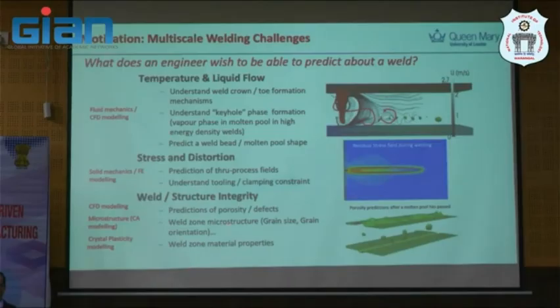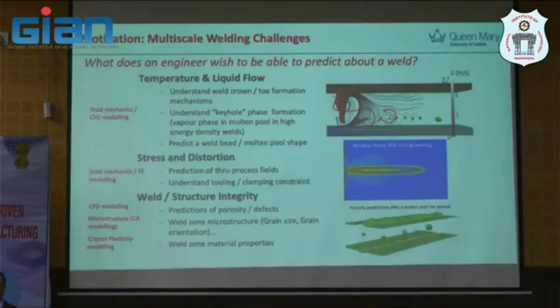And the weld structure integrity is related to the detail you used before on the prediction of porosity and defects and weld zone microstructure in terms of grain size. Again, we cannot decouple all this from the mechanical simulation. We have to take everything together: grain size, grain orientation, weld zone microstructure, and then crystal plasticity modeling in the weld zone material property.